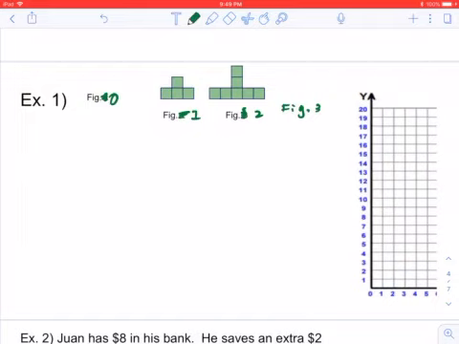Okay, so you may have noticed that these end blocks, each time we're adding one more to the end. So we've got the center one here, or at least that is the way I'm looking at it. So we've got a center one here, and then we have 2 on each side and 2 above, so that means we need 3 on each side and 3 above.